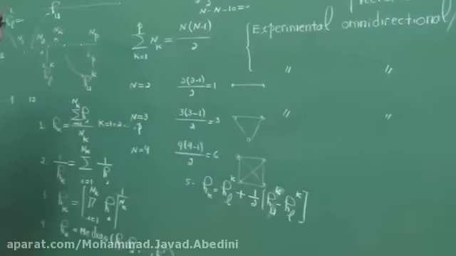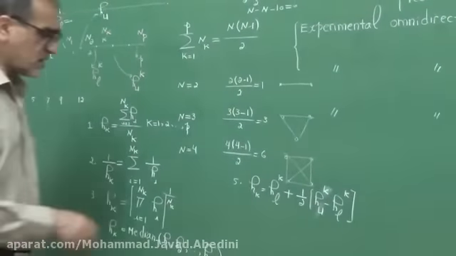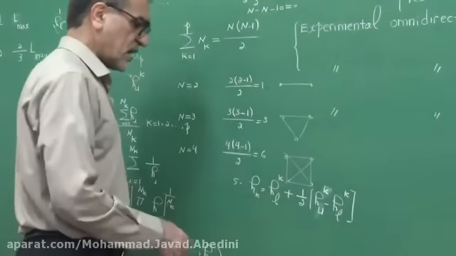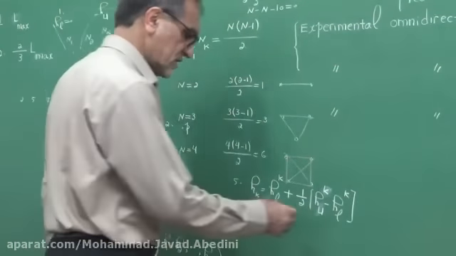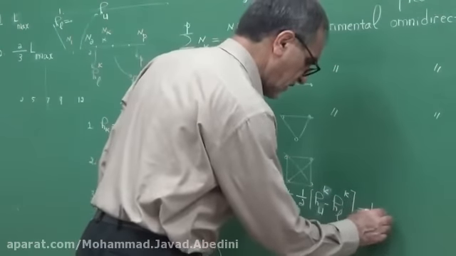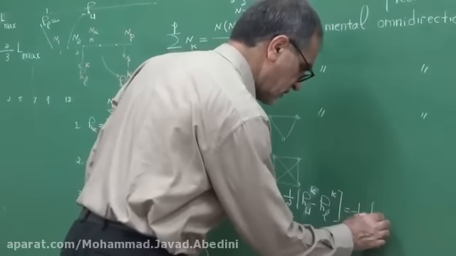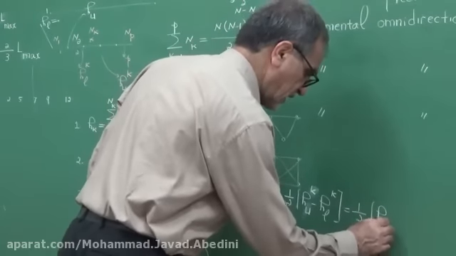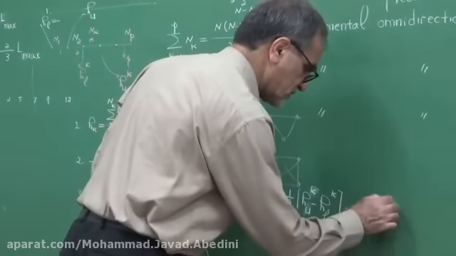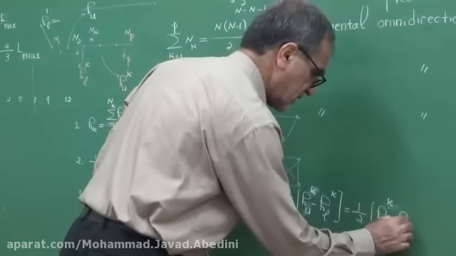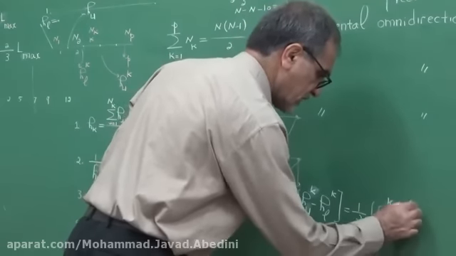If you simplify this relationship, because this will be factored out and simplified with this, you are going to get 1/2 of S of L k plus S of U k.